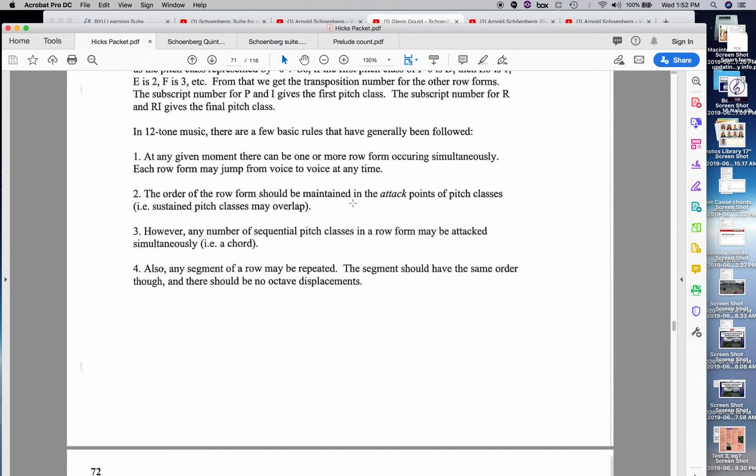Now you'll notice I kept sustaining the C. It doesn't matter. Once you've attacked that, you've already covered that pitch class. You're free to move to the next pitch class in the row form.